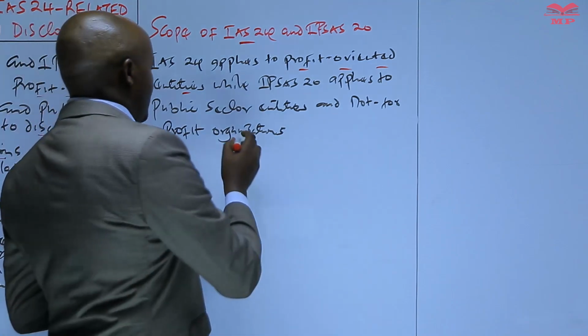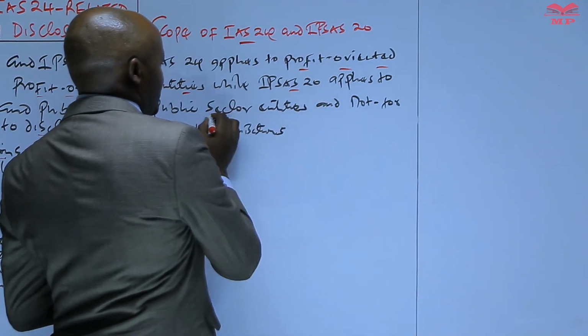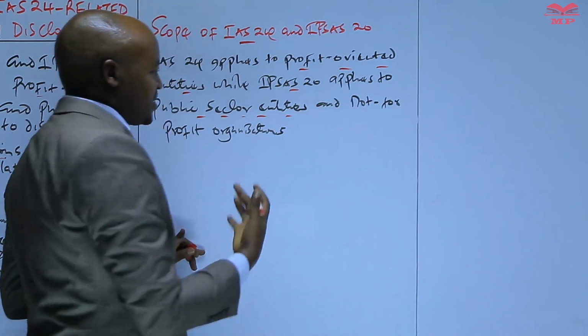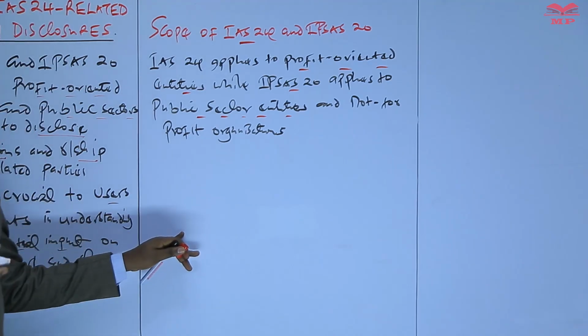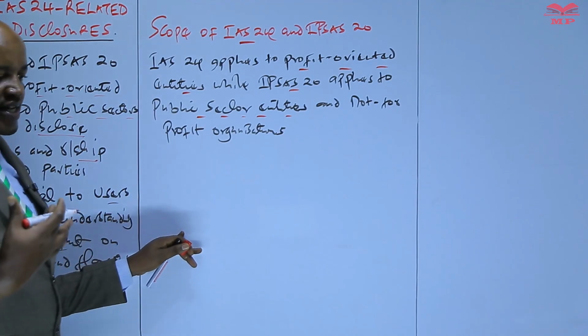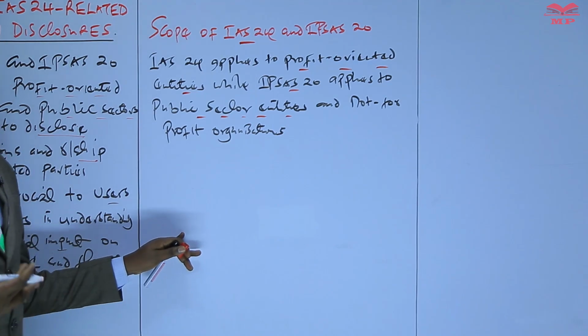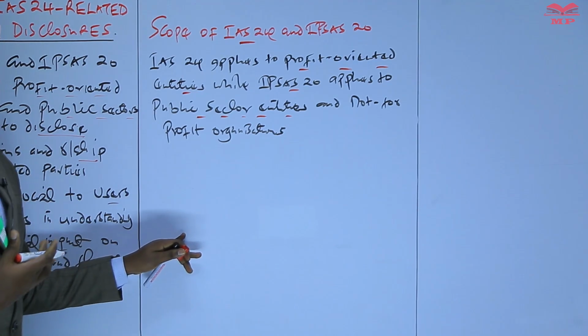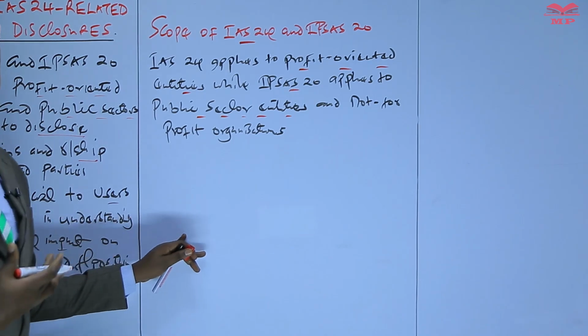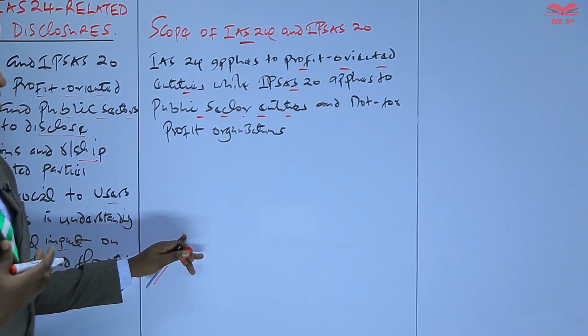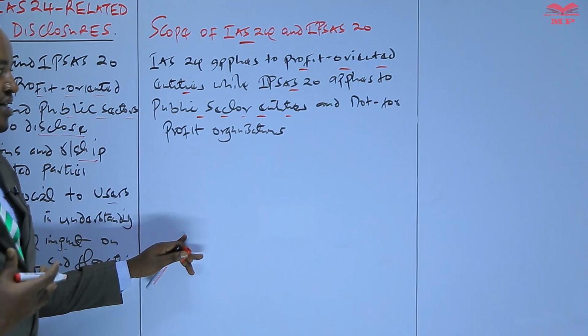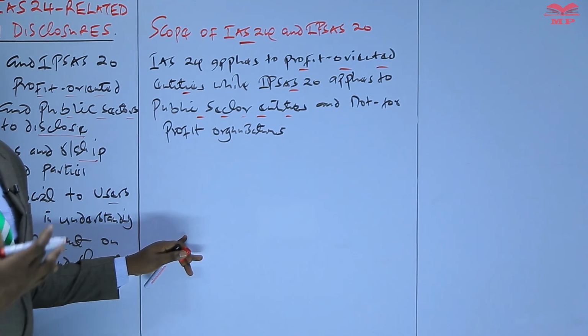But on the other hand, when we talk about IPSAS 20, we are saying that this will apply to public sector entities. When we talk about the public sector entities, these include entities such as parastatals, the county government, the central government, and we know that those particular entities are not profit-oriented, but rather they are supposed to provide essential services to the members of the public.